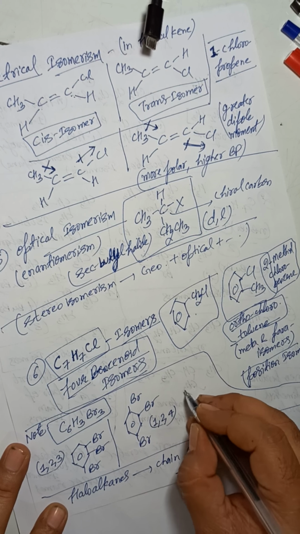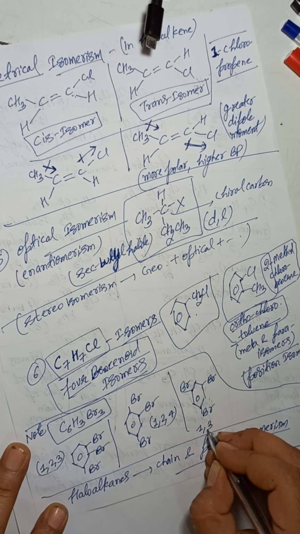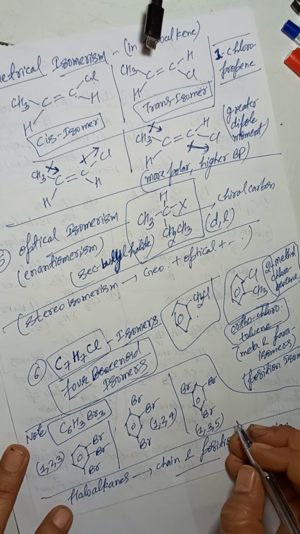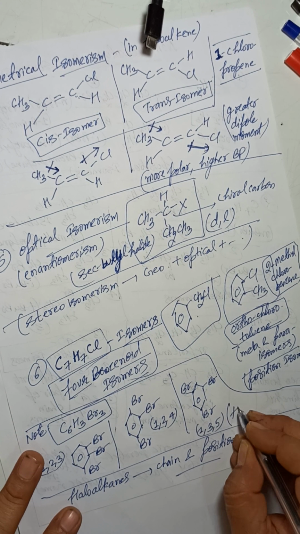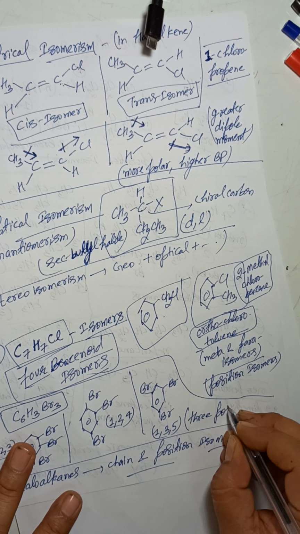One, two, 4. One, 3, 5. 3 isomers. And how are they related? Position isomers.